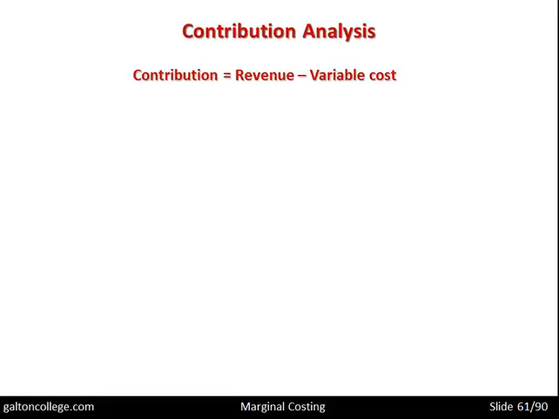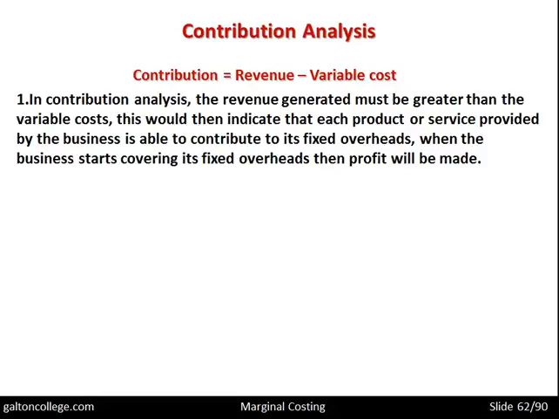So, contribution analysis. Well, contribution is equal to revenue minus variable cost. In contribution analysis, the revenue generated must be greater than the variable cost. If the revenue generated is less than the variable cost, then each item of production will add to costs.